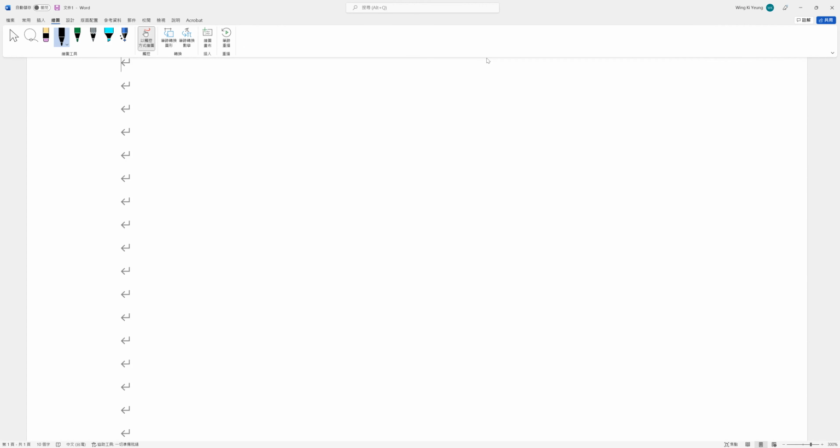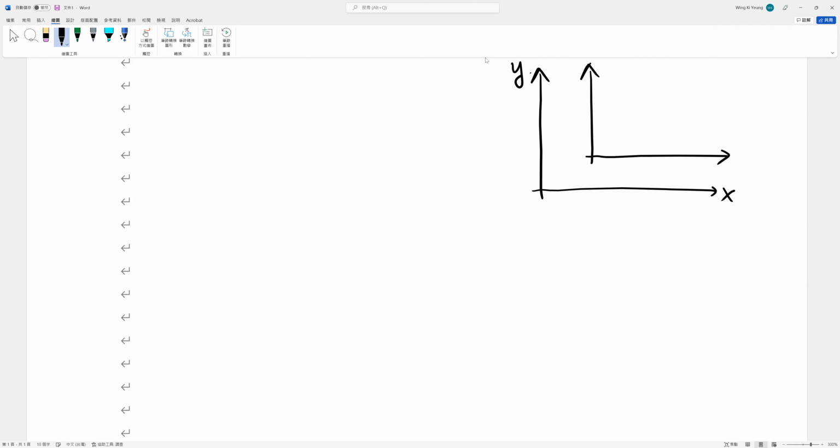Now, in most cases, we will draw the xy axis. So this is the object.